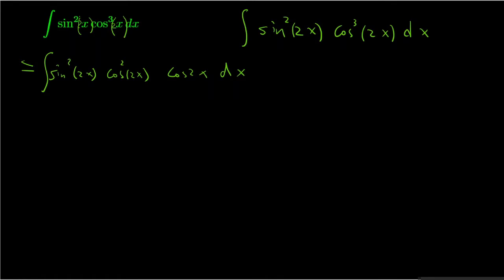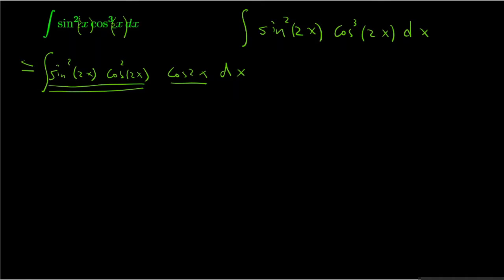We left out a factor cos of 2x. Is it possible to write the whole thing double underlined in terms of sine of 2x? If we can do that, then it's possible to evaluate the integral. Anybody want to write the trig identity I need to use to achieve that?